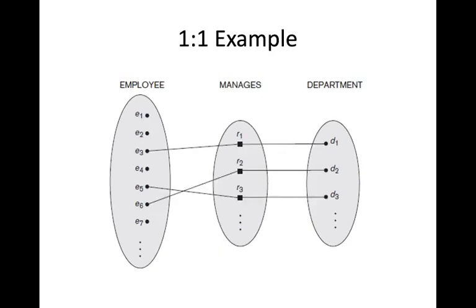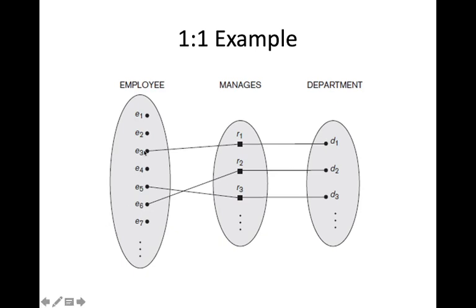Then the second example is a 1 is to 1 cardinality ratio. This is the manages relationship between employee and department. It is 1 is to 1. That means an employee can manage at most one department, and a department can be managed by at most one employee. We cannot have two managers in a department, or an employee cannot manage two departments.